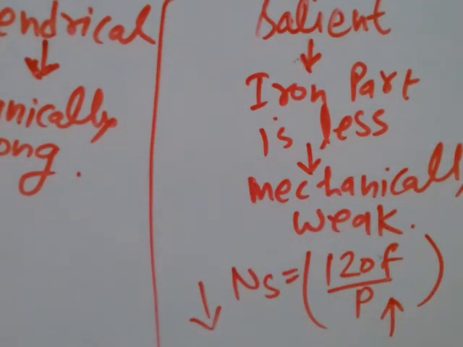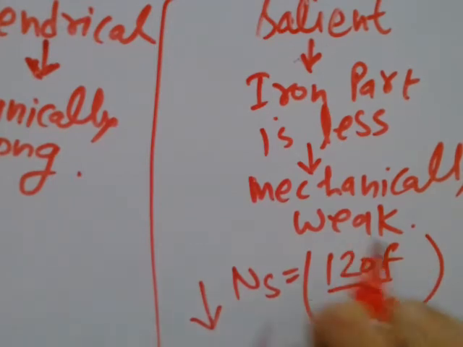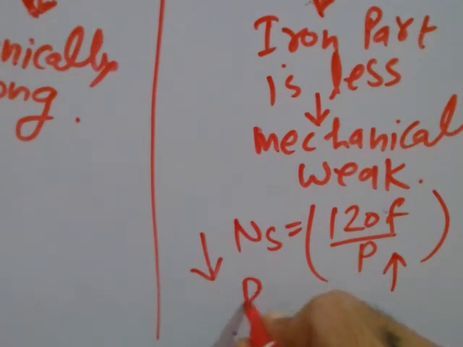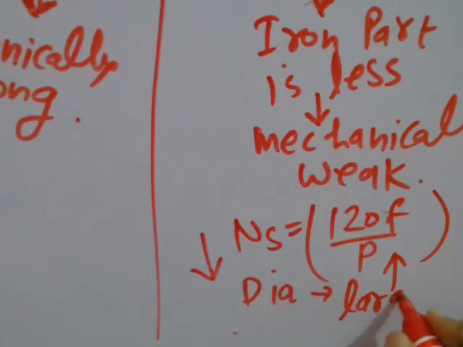So that means the number of poles will be more in which? In the salient pole. So in salient pole the number of poles will be more, which means you have to accommodate more poles, fit more poles on this periphery. So then what will happen? What will the diameter be? The diameter will be more, right? You understand? The diameter will definitely be more. Diameter will be large because you have to accommodate a large number of poles on the periphery.